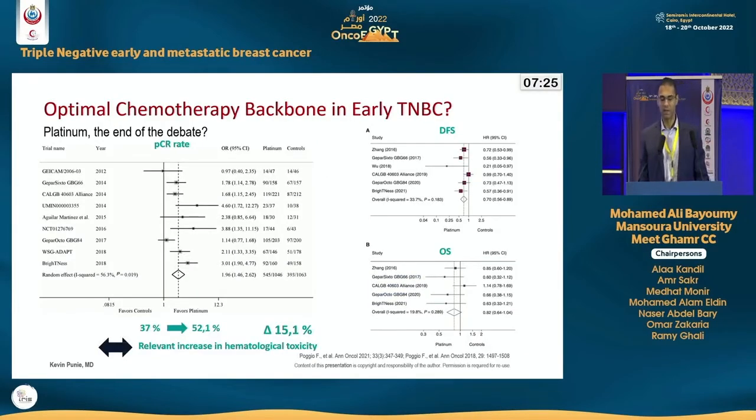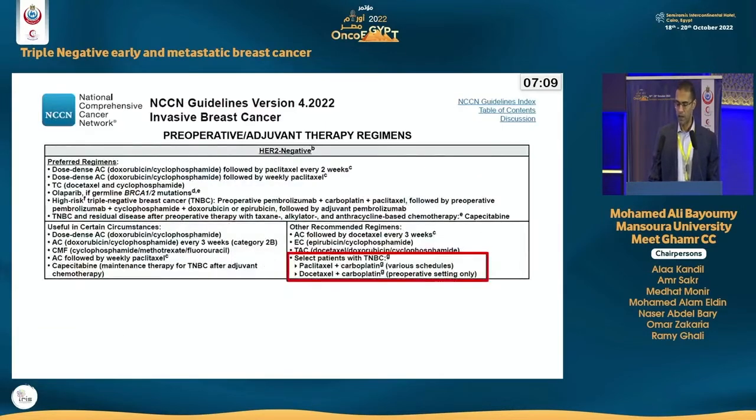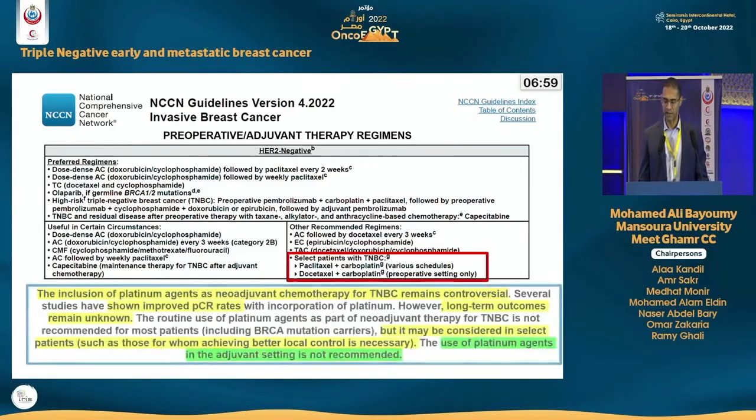About the dilemma of adding platinum for early triple-negative breast cancer, all these meta-analyses confirmed that we have an improvement in pCR, and an improvement in DFS and overall survival by adding the platinum group. However, regarding the recent NCCN guideline, you can find that these molecules are added in the treatment of early triple-negative breast cancer, especially in the neoadjuvant setting.